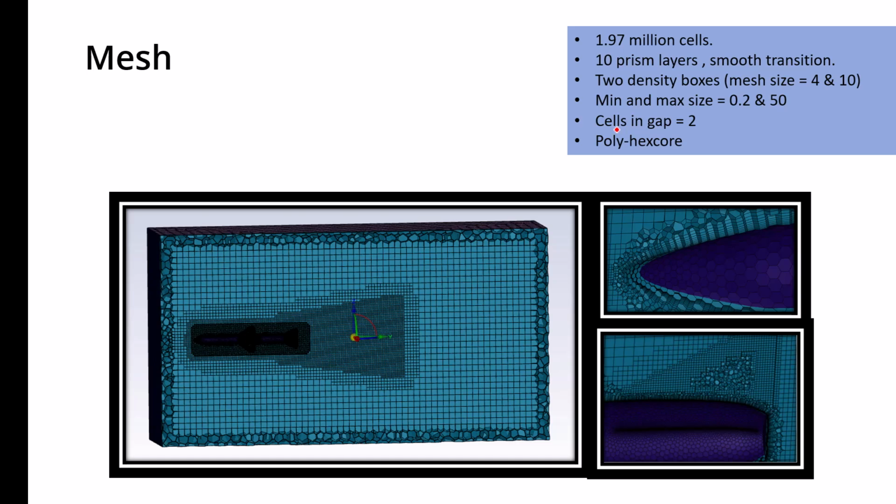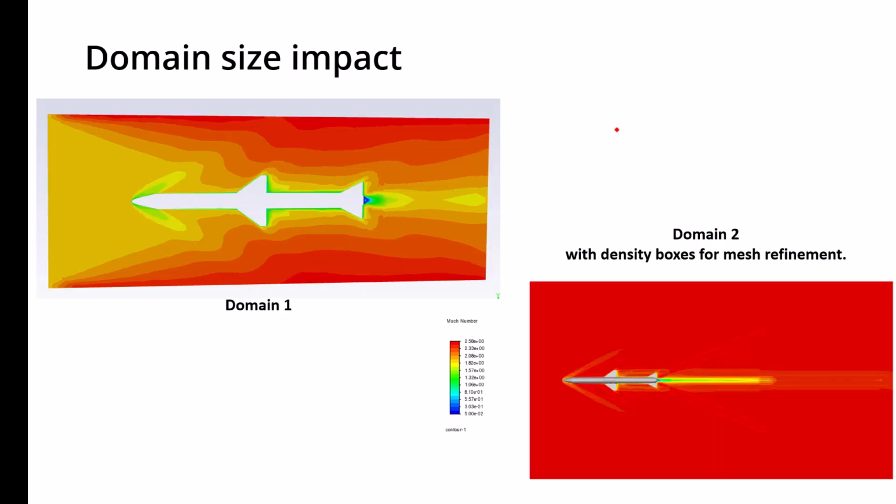Okay, after that I ran the simulations, and you can see the domain size difference here, and especially the outlet was not a problem because we have the reflection boundary conditions here, but we had a problem over here. So I think that the domain size on the lateral boundaries, this size would be enough.